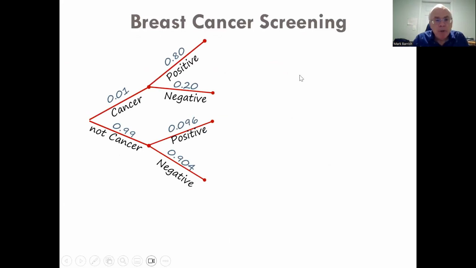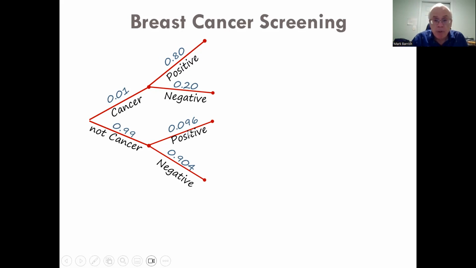Okay, so you see up here that the 80% is the correct percentage of women who have cancer who receive positive results. That's the correct reading. That's what this number is here.